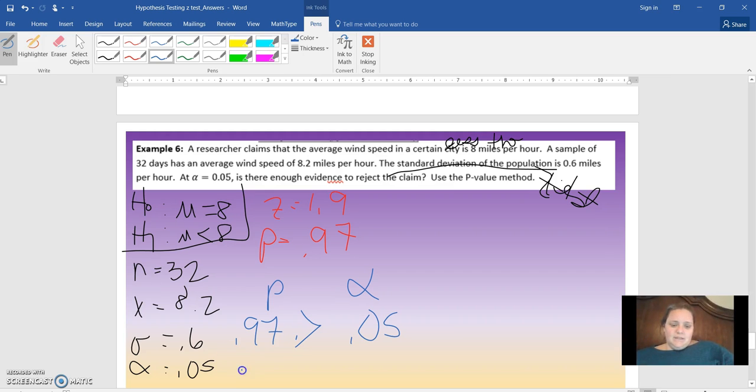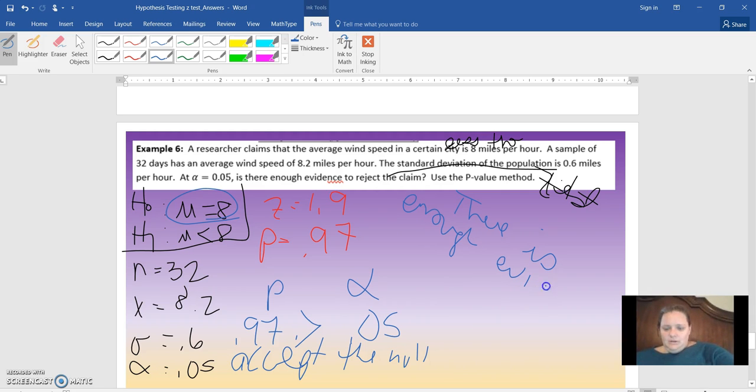When it's greater than, we accept the null. I got confused for a minute. So that means we accept this, therefore we're going to write there is not enough to support that the mean is 8.